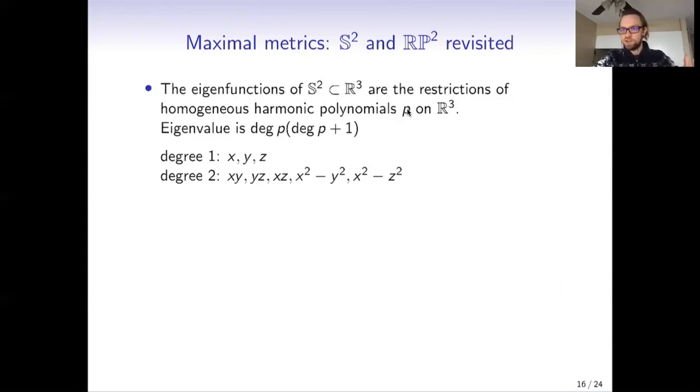So this tells you the eigenfunctions, and once again, you can actually show that those restrictions form a complete basis, which tells you there's nothing else, right? So there's one way to do it, similar to what's done for the torus, right?